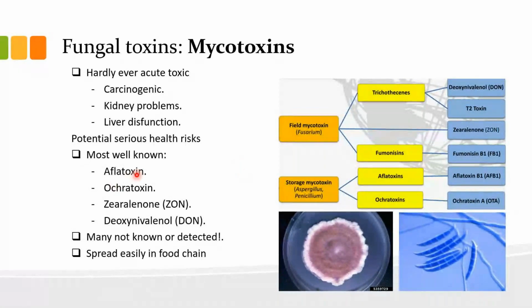Most of them are aflatoxin, ochratoxin, zearalenone, deoxynivalenol or DON, and others may be unknown or undetected, and may reach about 400 types of mycotoxins. They spread easily in the food chain by not watching agriculture or cultivation programs.